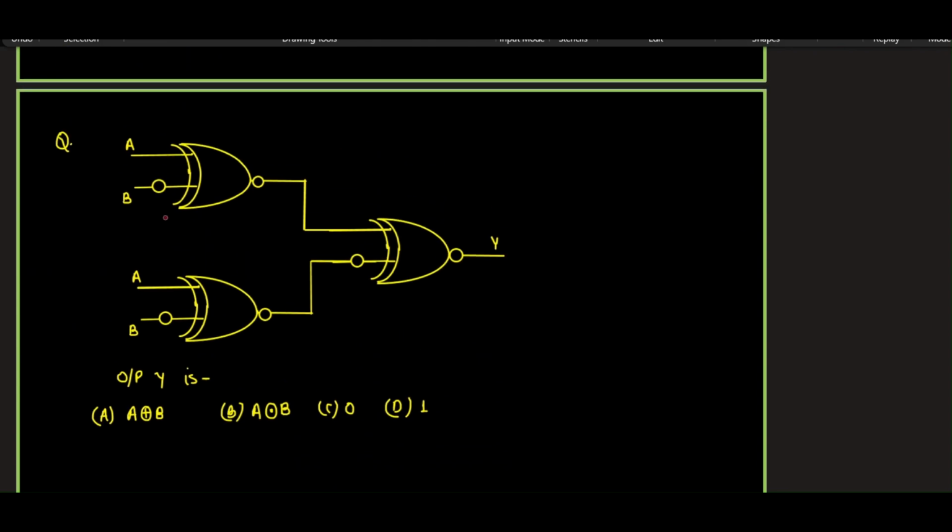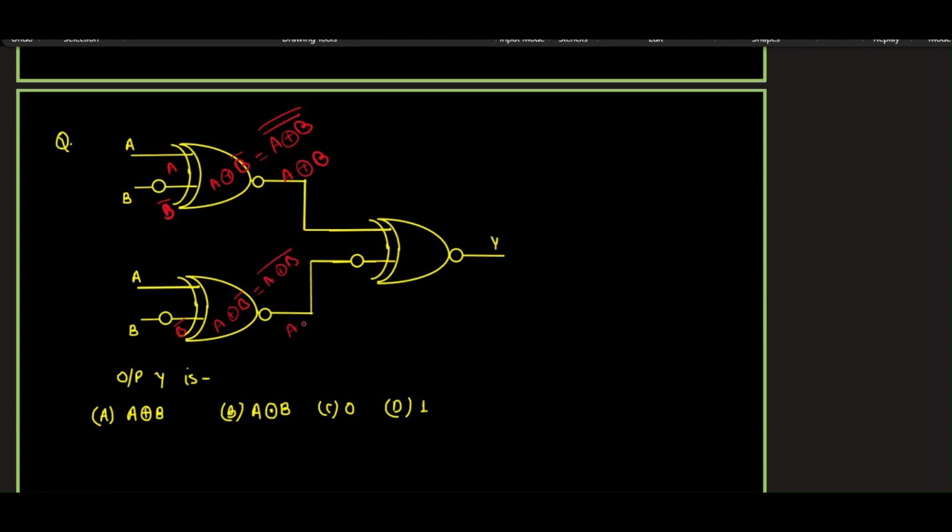Output Y they are asking. Since B bar, this is A, and this whole gate will be A XOR B bar. This is nothing but A XOR B whole bar, and this bubble will take a bar of this again, and you will get here A XOR B. This is A and this is B bar. So you will get here A XOR B bar, which is nothing but A XOR B whole bar.